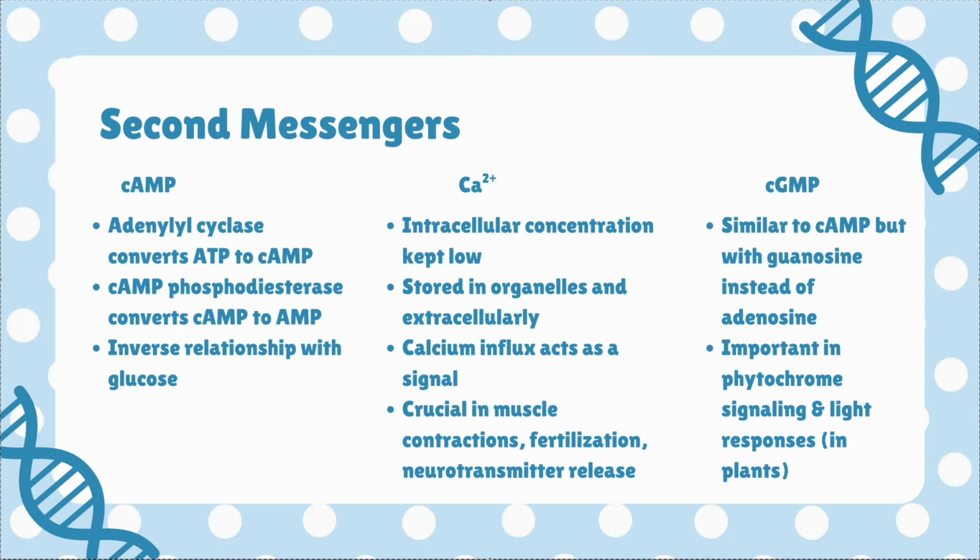And then, cyclic guanosine monophosphate is similar to cyclic AMP, but it has a guanosine instead of adenosine. And cyclic GMP is important in phytochrome signaling and light responses in plants, like in the etiolation, de-etiolation responses.